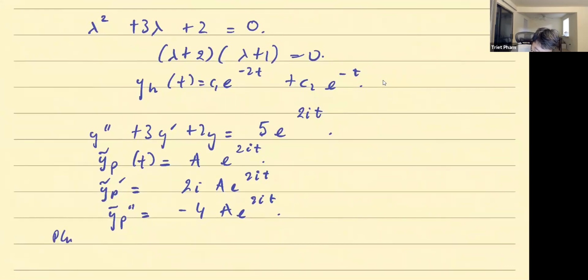So if you plug in, what do you get? -4a plus 2a is -2a, and then plus 6i, is equal to 5.